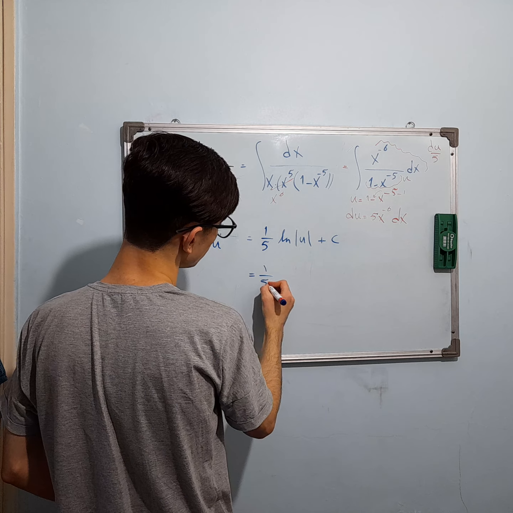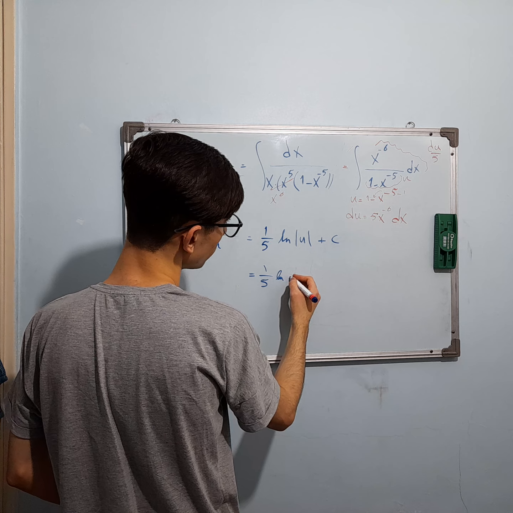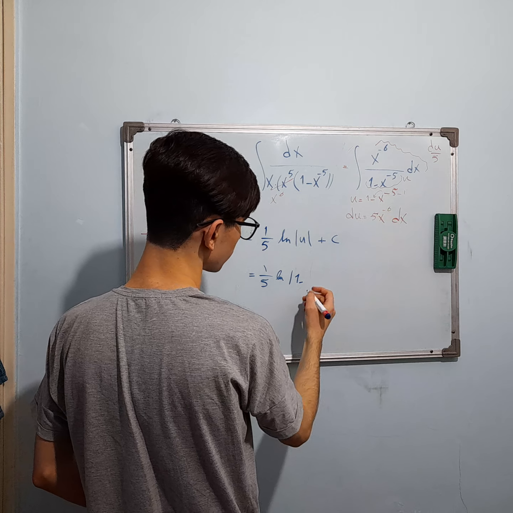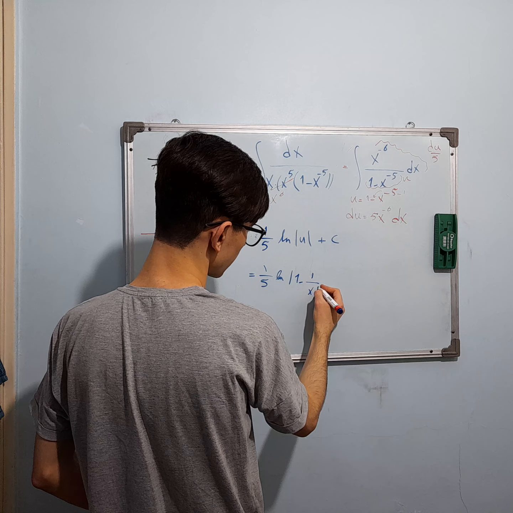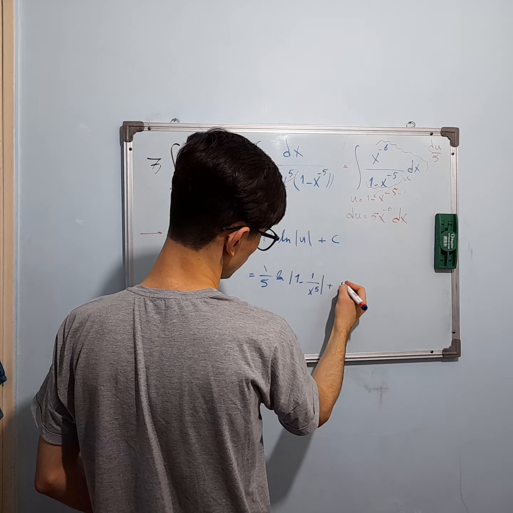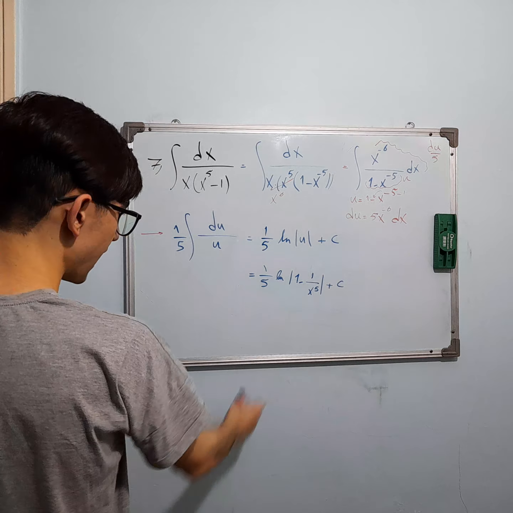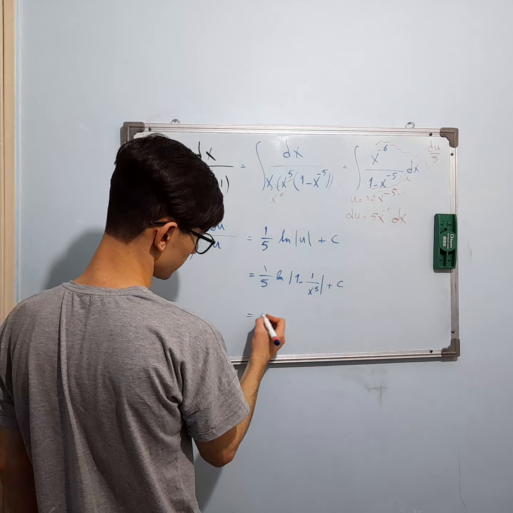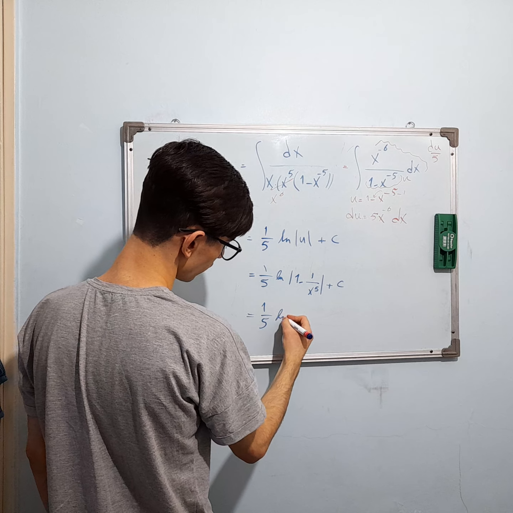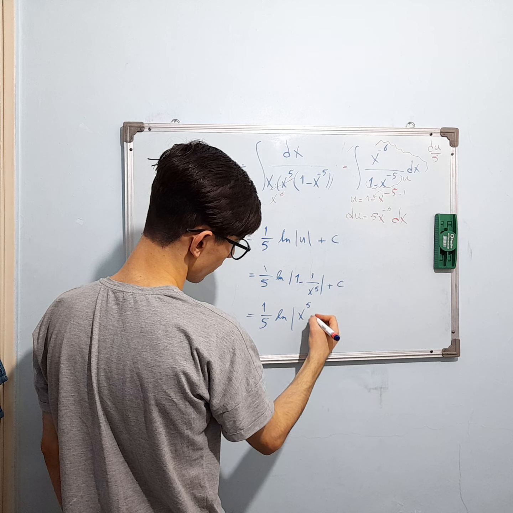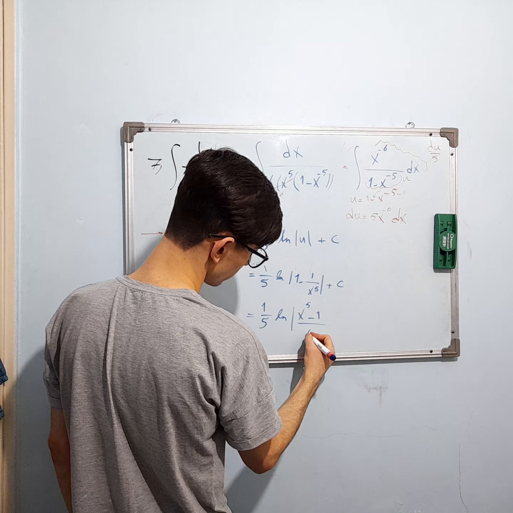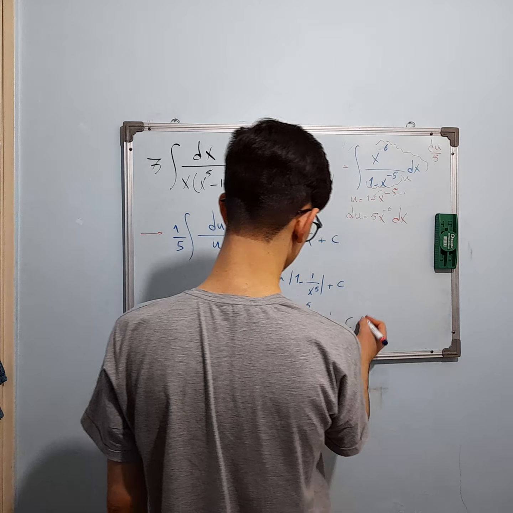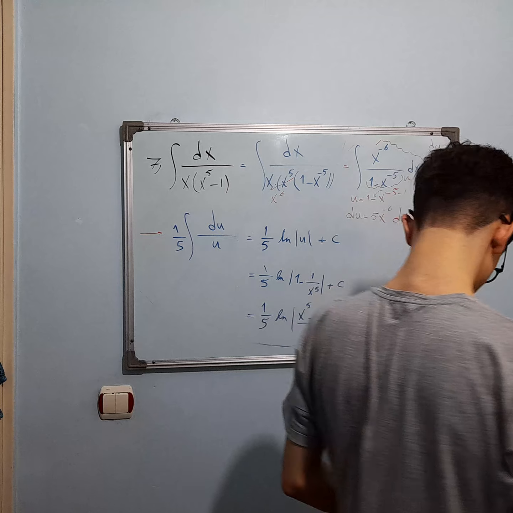And what is u? 1/5 natural logarithm of 1 minus x to the negative fifth power plus c. You can write it more neatly like this: 1/5 natural logarithm of (x to the fifth power minus 1) over x to the fifth power plus c. This is the final answer.